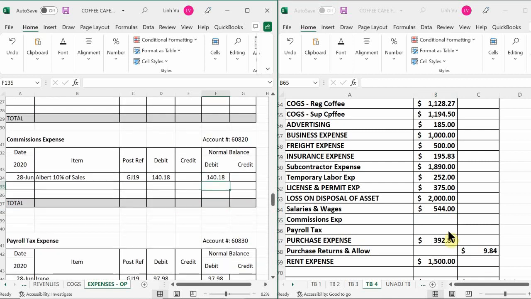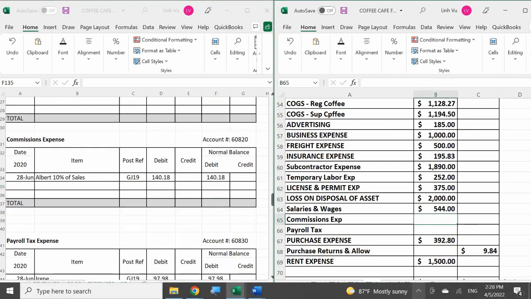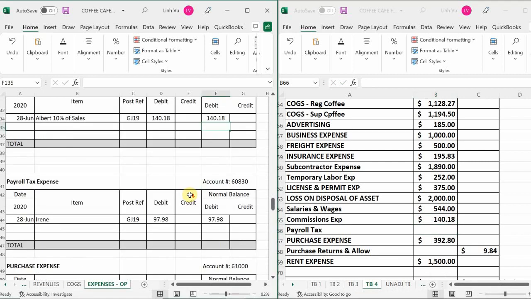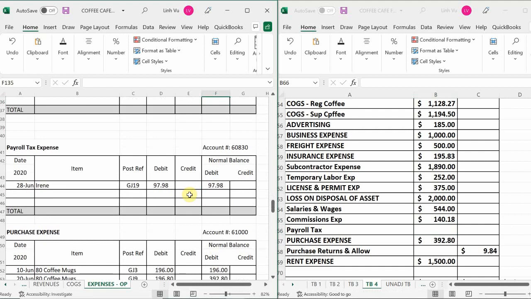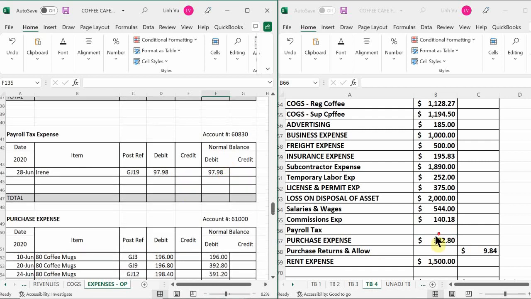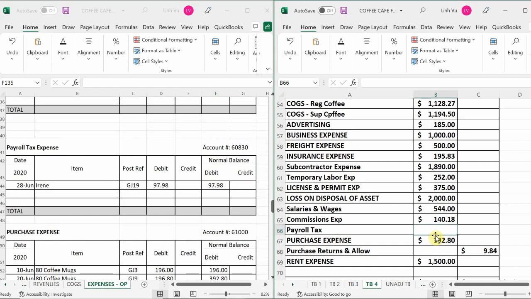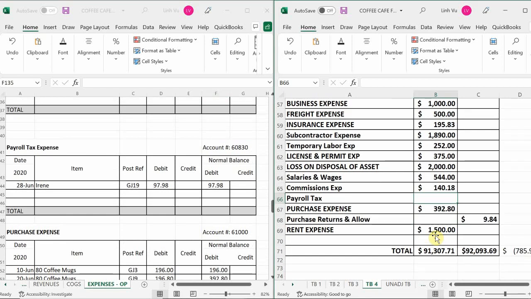My commissions expense, 140.18. What's my current payroll taxes? $97.98.